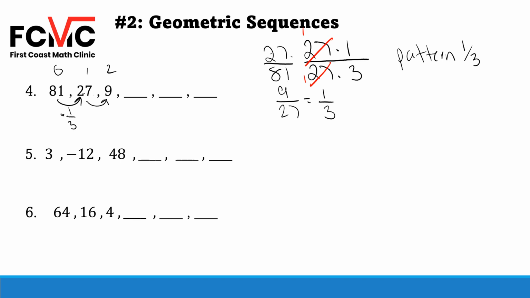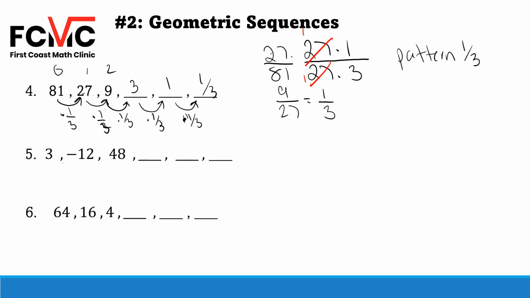A third of 27 is 9. A third of 9 is 3. 1/3 of 3 is 1. And 1/3 of 1 is 1/3.